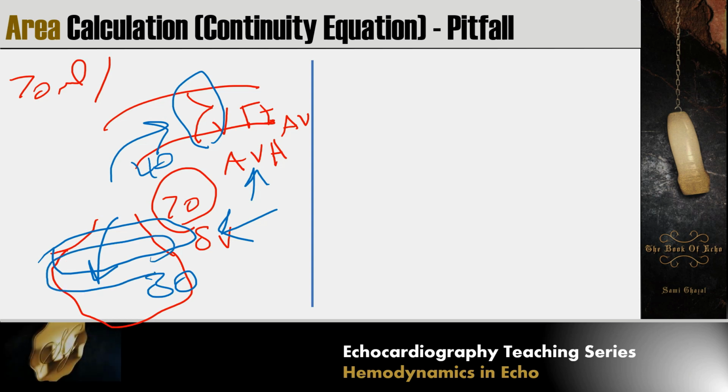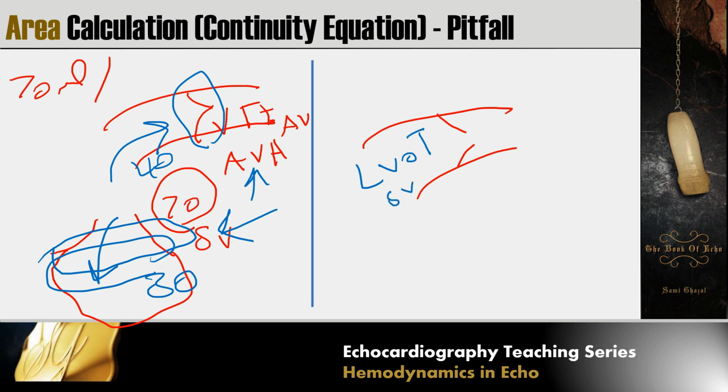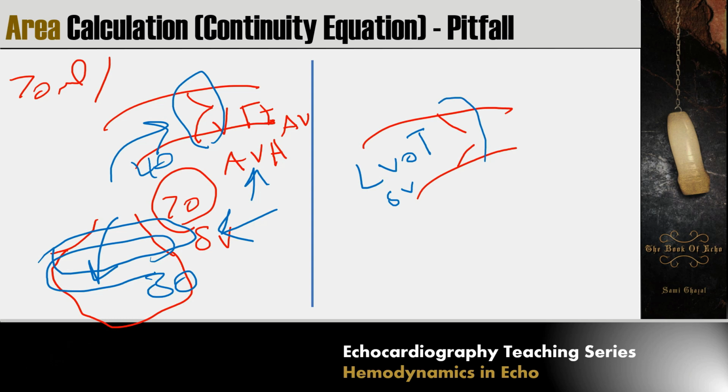However, let's say the regurgitation now is present in the aortic valve itself, and in that case we utilized the LVOT. It is the LVOT stroke volume we used, but the aortic valve has regurgitation. This is the aortic valve. So the same volume which will come retrograde from aortic valve, it will reach the LVOT.